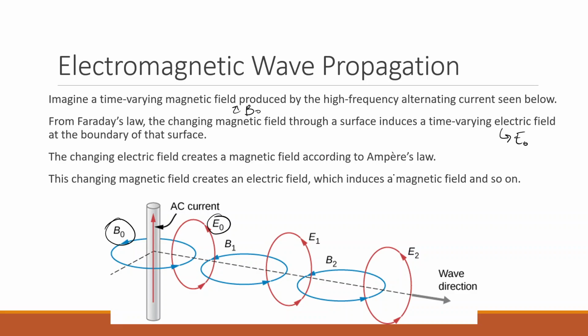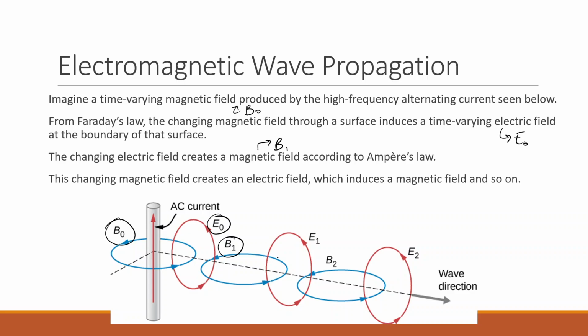Now, that changing electric field, again, will create a magnetic field according to Ampere's law. So Ampere's law tells us that this E naught, this induced electric field, will now produce a magnetic field, B1. So there's this new magnetic field, B1.